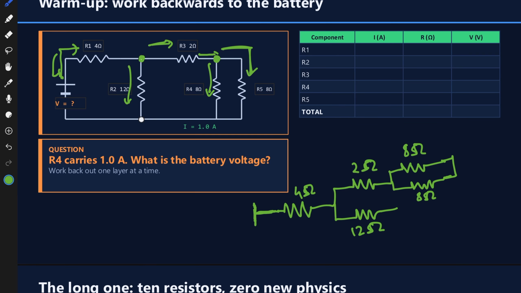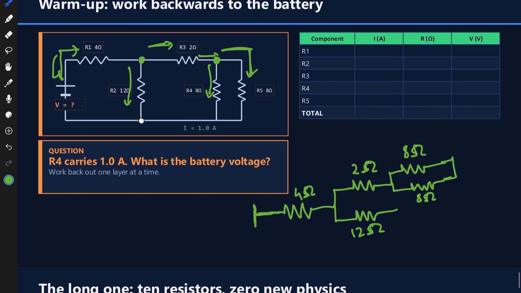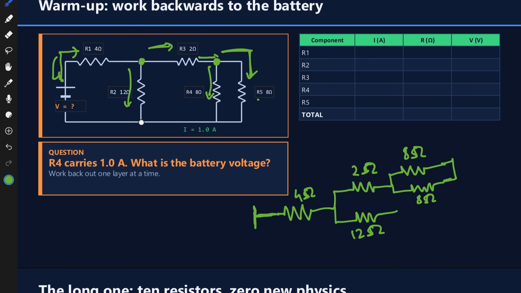Okay. And then from that, this is going to be a bit hard to explain, but once this current passes through the 8 ohm resistor, it continues to the same spot as the other 8 ohm resistor. So they're both in parallel. But once these two currents join and they go through here, they reach the same spot of this 12 ohm resistor.